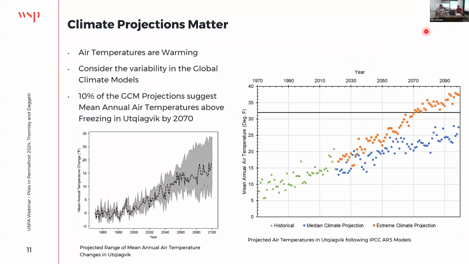So we're going to start talking about our warming climate temperatures. We can look back at the historical, and we have that nice trend. So we can always draw trend lines of what ground temperatures do. But as we're going to learn in future presentations, you can take this and try to predict what ground temperatures will be. It's outside the scope here, but for this, you need to understand what the climate projections are, and that goes back to the importance of pile design.